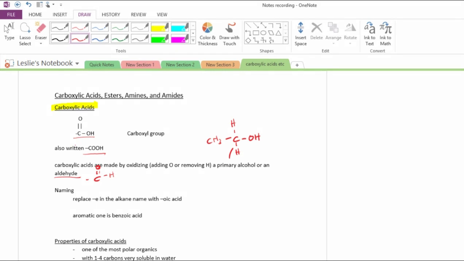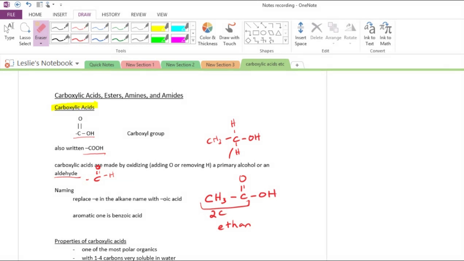So we will name carboxylic acids. It's going to be the only one in this chapter that we name. And all we have to do is replace the E in the alkane name with oic acid. So if we had this, 2 carbons, we would have ethane if it was just carbons.